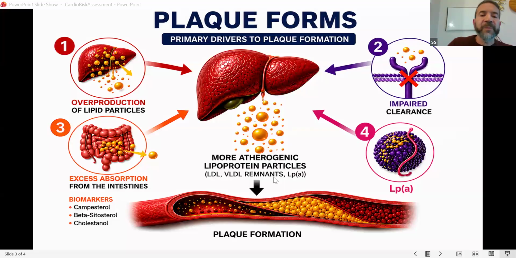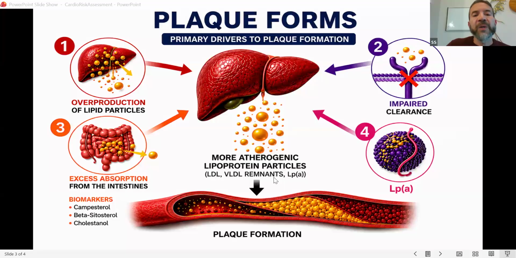So this is important. Let's say after ApoB-containing lipid particles are cleared by the liver, the liver has to decide now, what does it do with them? It can either recycle and reuse them, or it can excrete the cholesterol into bile and send it into the intestine for elimination.